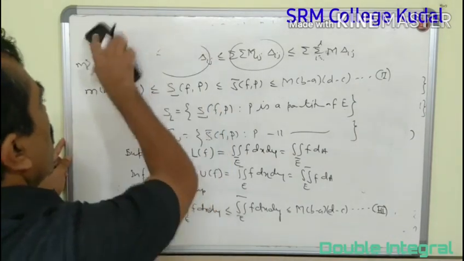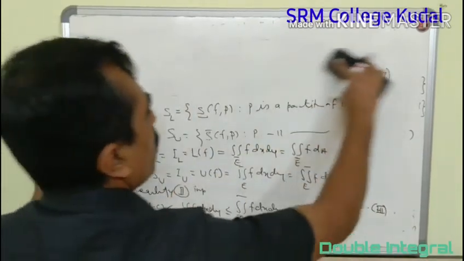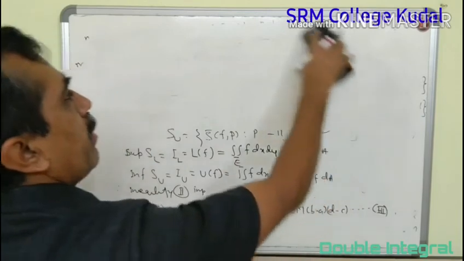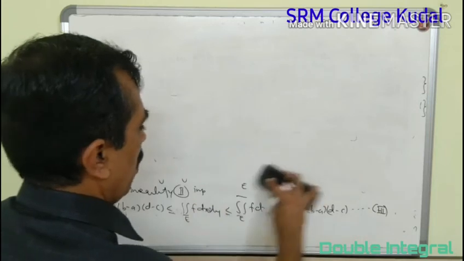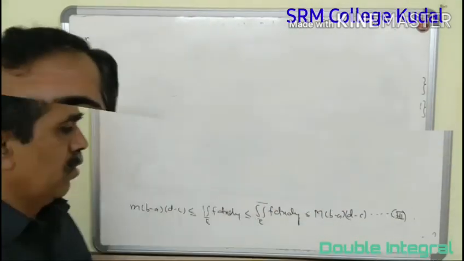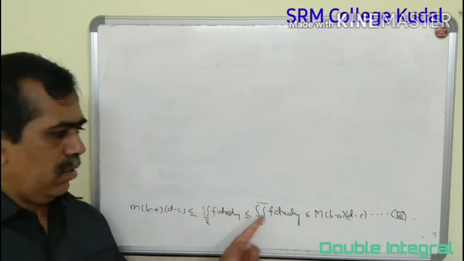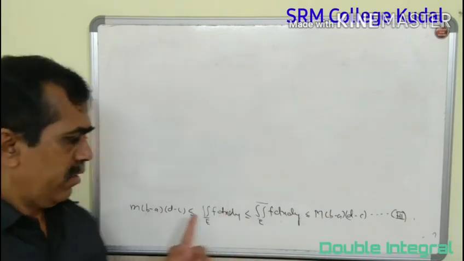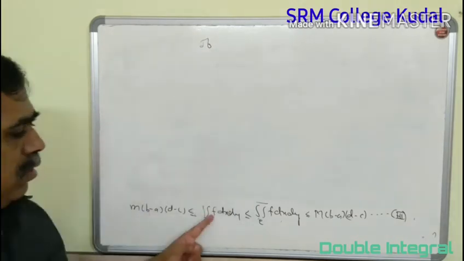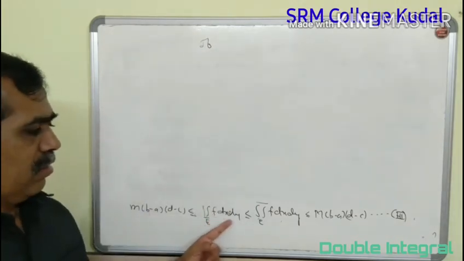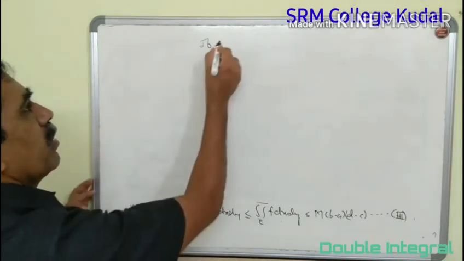Now, the largest lower sum and the smallest upper sum, which we call the lower double integral and upper double integral, if these two are equal, now we have this inequality 3, where the lower integral and upper integral of f lie between these two numbers. As the functions are real valued, you will get these as two real numbers.